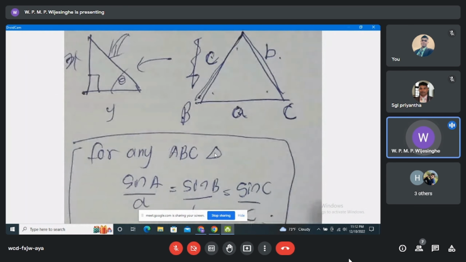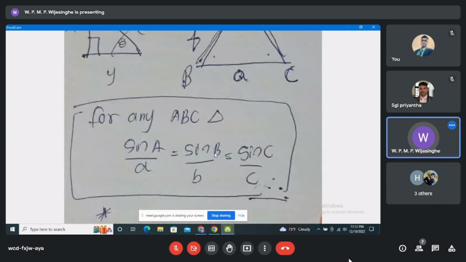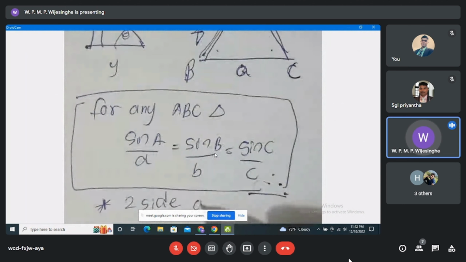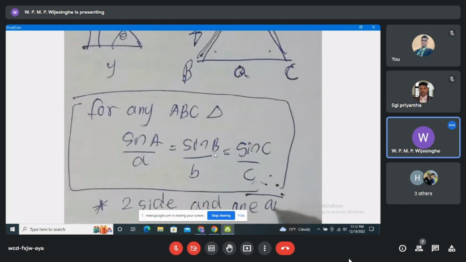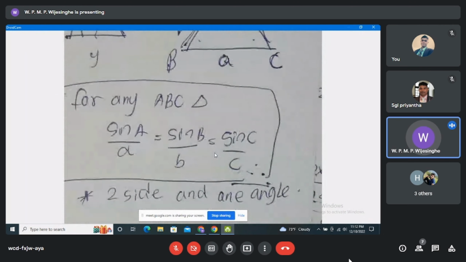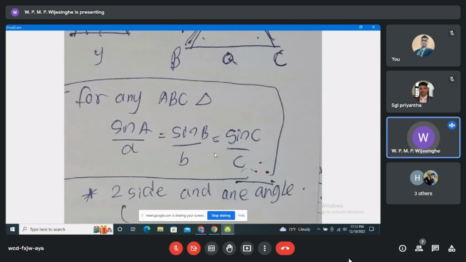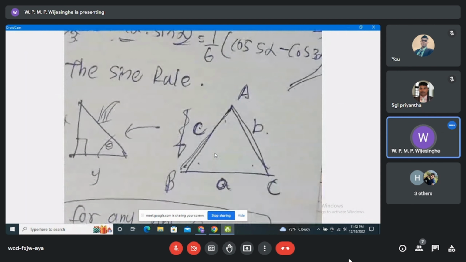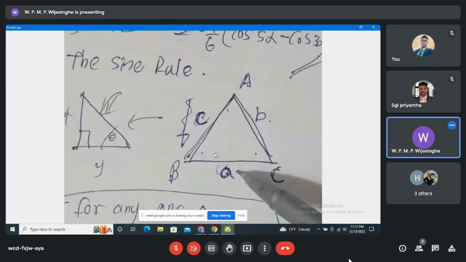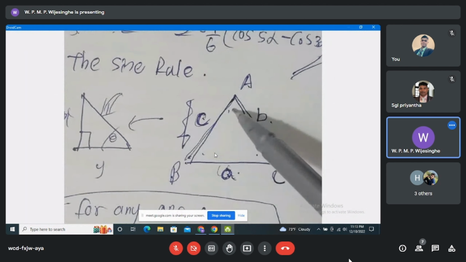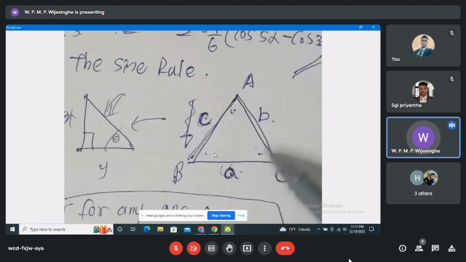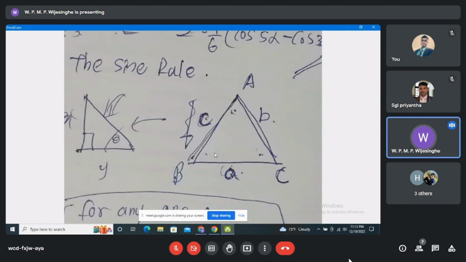This rule can be used when you know two sides and one angle, but this angle shouldn't be between the two side lengths that you know. Let's consider, you know the side length CA, and you know one of these two angles, then you can apply the sine rule.